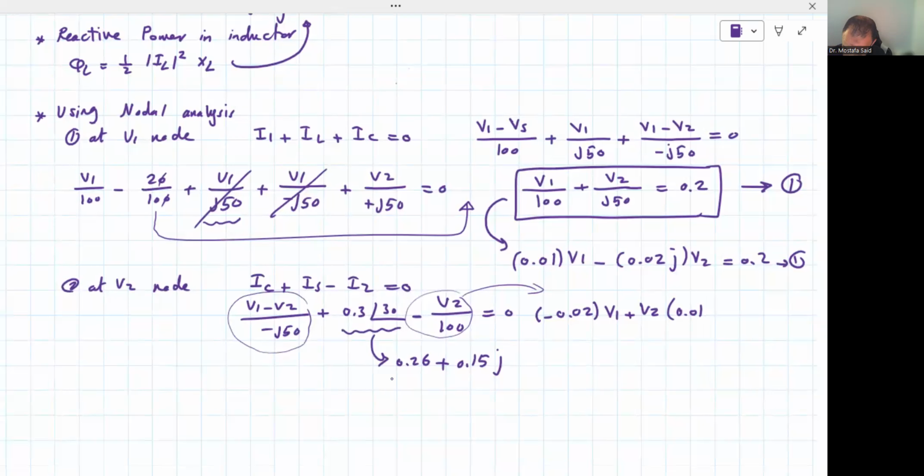Yeah, let's do it one by one, not to make any mistake. So this will be V1 minus V2 over J50.